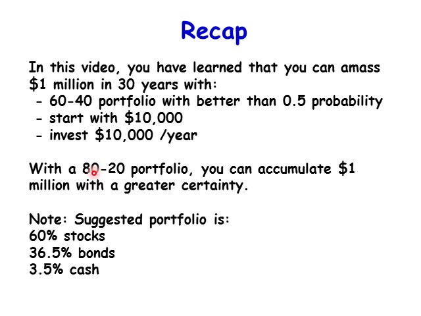With an 80-20 portfolio, you have better chances of accumulating $1 million with the same scenario: start with $10,000 and continue with $10,000 a year. In fact, you can start with 80-20, and as you grow closer, you switch to a less aggressive style to achieve your desired target. Let's continue.